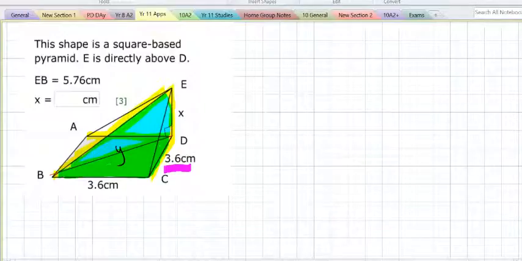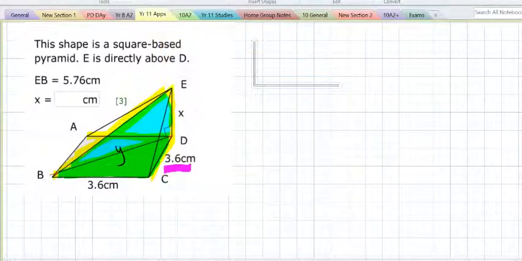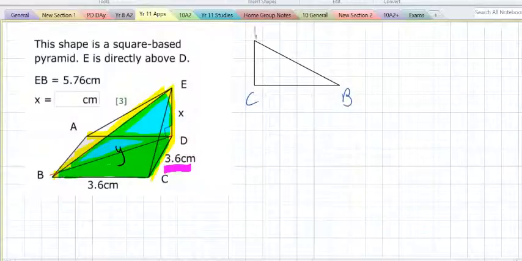Alright, so we want to draw two-dimensional figures. This is going to be our first triangle, which will be B, C, D. Now it's important I put the C there because the C here has the right angle.